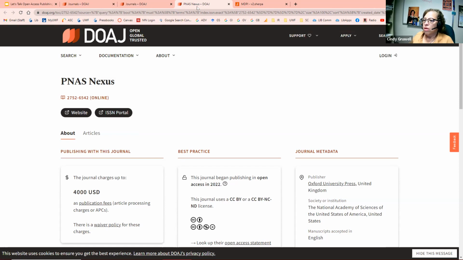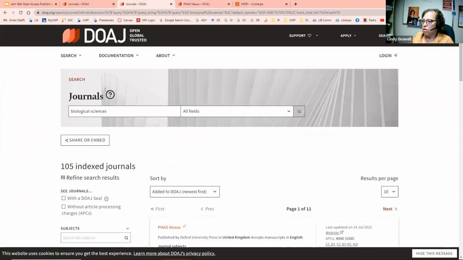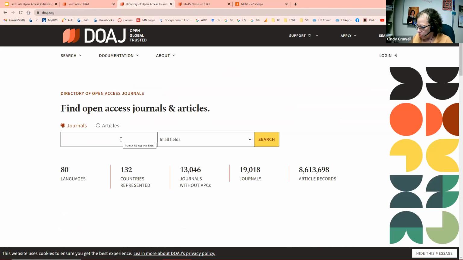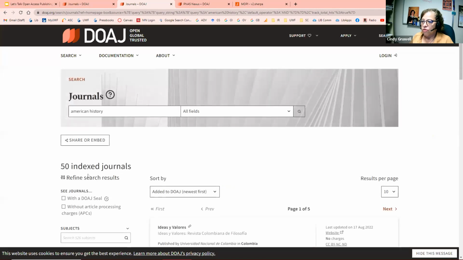The other thing to keep in mind is when you're searching this, like any other typical database, to play around with your terminology. If I picked American history, I get 50 journals.